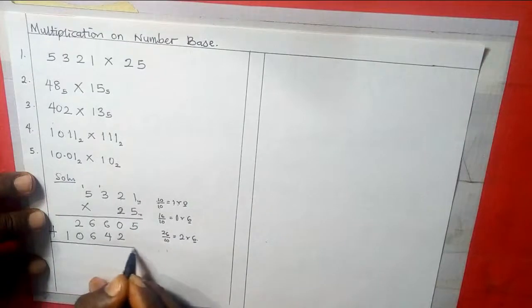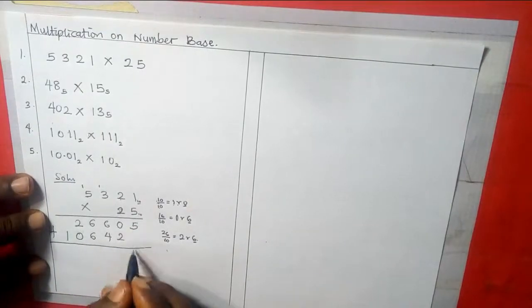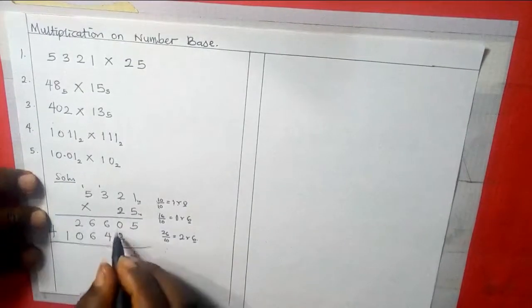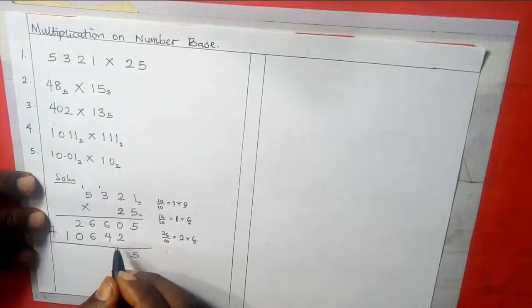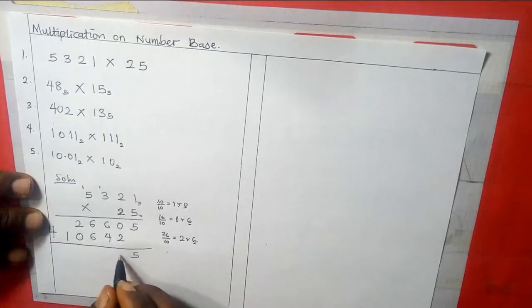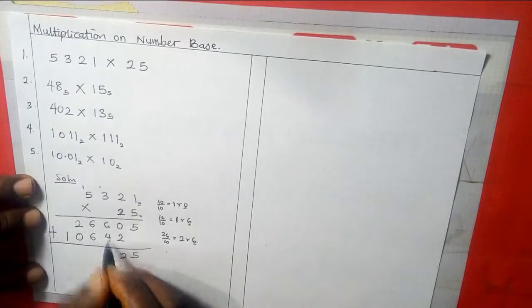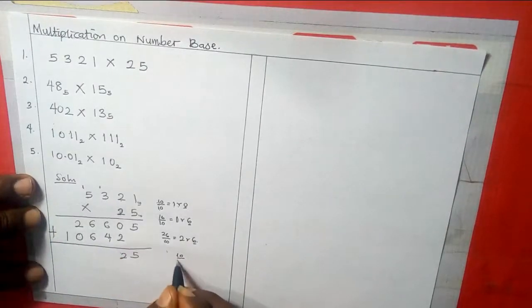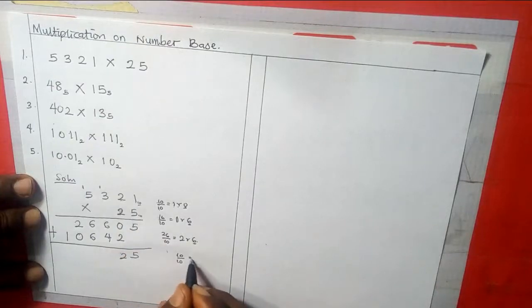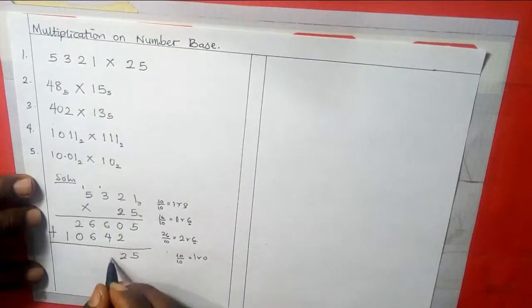Remember, when we're adding together, we write 5 down. Then here we have 2. When we add, we have 10. You divide 10 by the number base 10, which gives you 1 remainder 0. So you write the remainder.